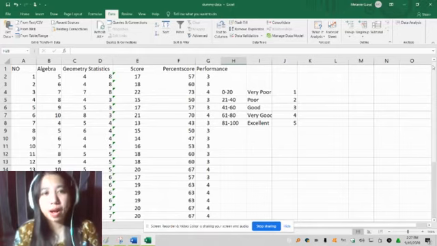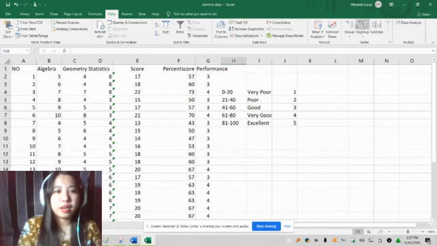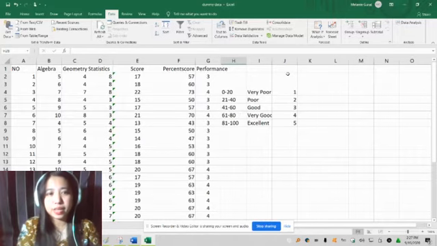So in our formula for the percent score of the overall, the denominator is of course 30, because the perfect score is 30. However, for algebra, it would be the scores here all over 10 multiplied by 100, and then you can follow the same procedures just like what we did here.